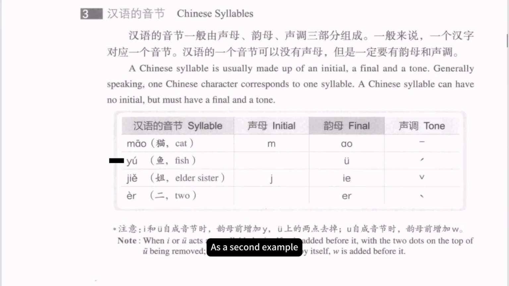Yu as our second example. What is the final? Yu. Now, why exactly didn't we write the Y as the initial? Because the final itself carries the sound of Y within. So you do not need to consider Y as the initial here. Okay, did you hear it?